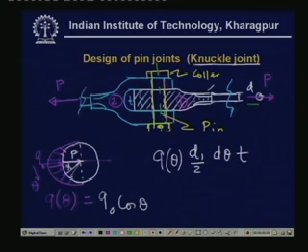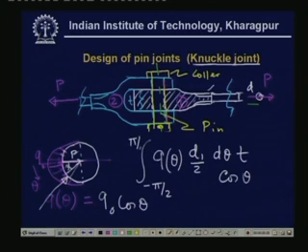This is the force developed on this surface, and it acts at an angle theta. Therefore the horizontal component will be this times cosine theta, and we integrate from minus pi by 2 to pi by 2, and that must be equal to your given pressure P.